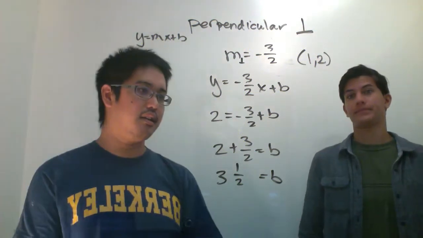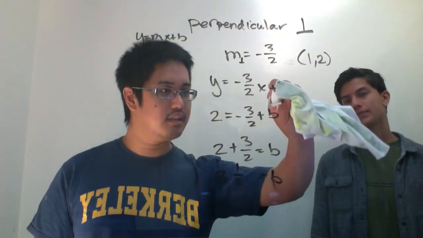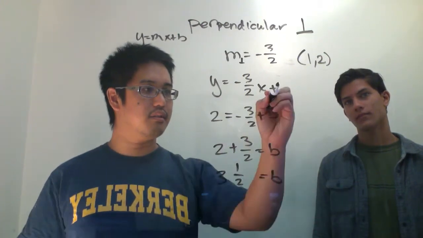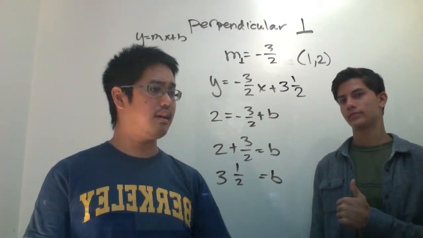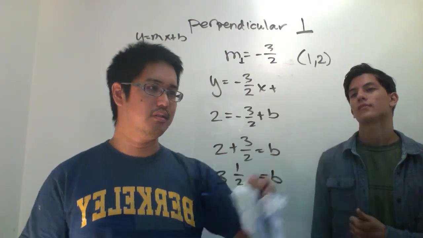So basically, here's my answer. I just take this thing, and I know what b is. It's 3 halves, 3.5, or 7 over 2. It's the same thing.